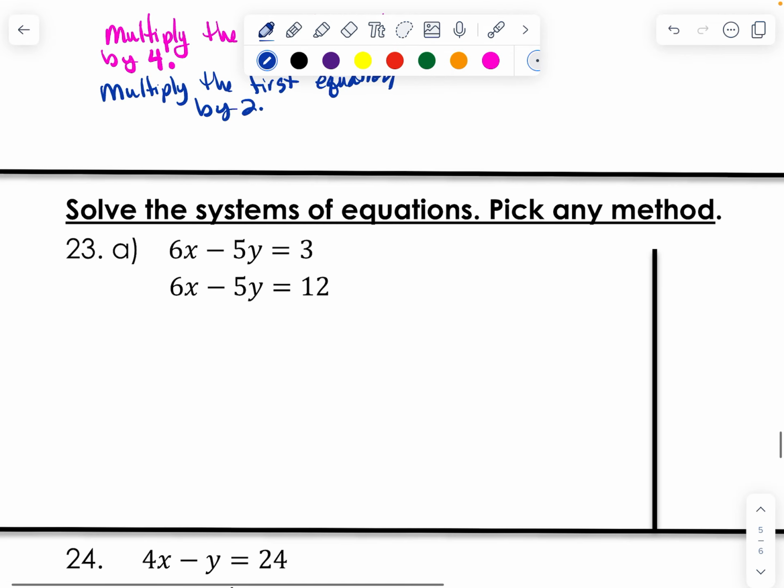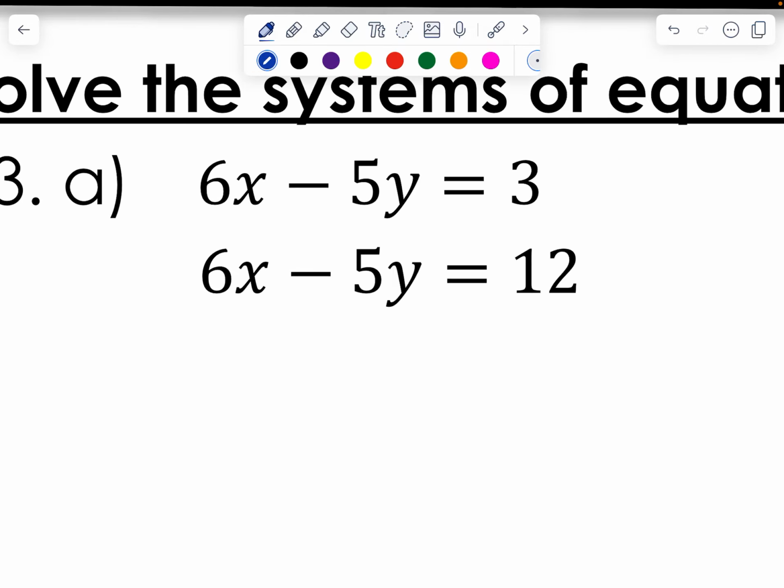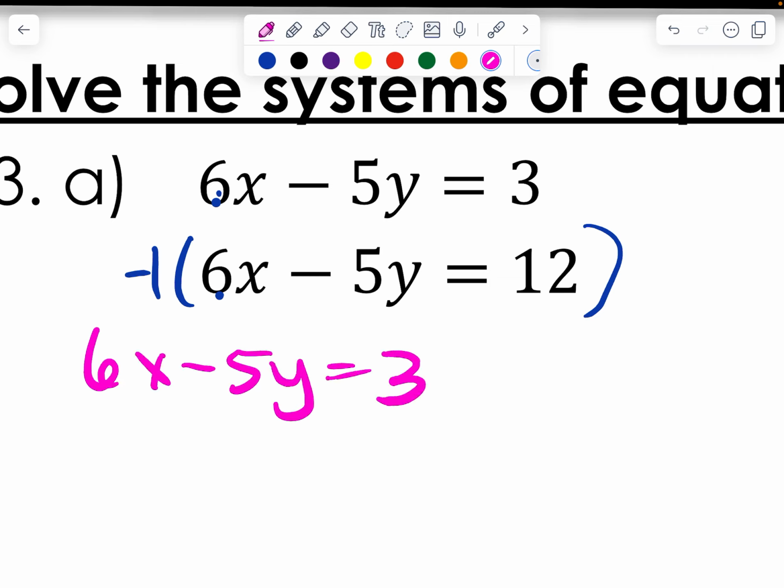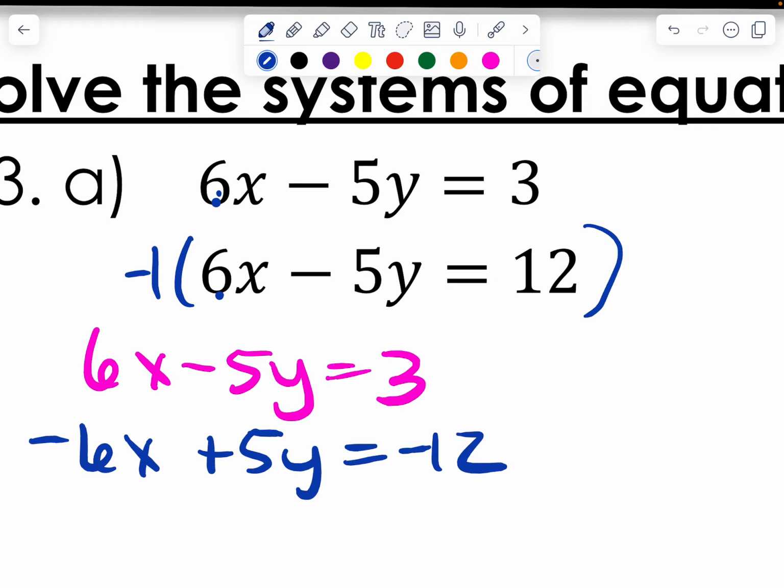Okay, solve the system of equations, pick any method. Well, I like the fact that these are the same numbers, so I'm just going to multiply the second equation by negative 1. So I'm going to write the first equation down. And I'm going to multiply negative 6x plus 5y equals negative 12.